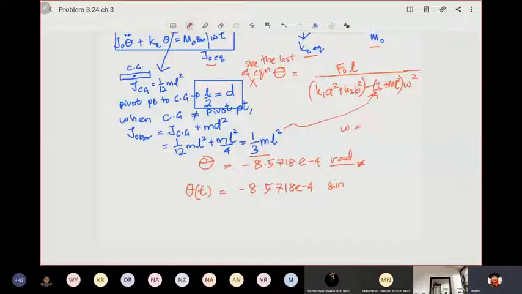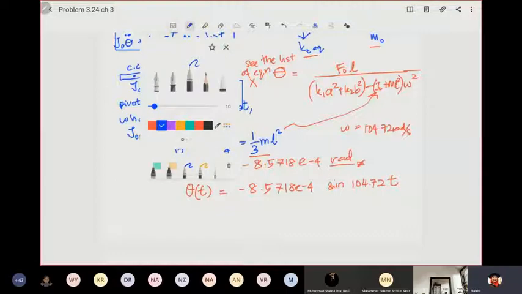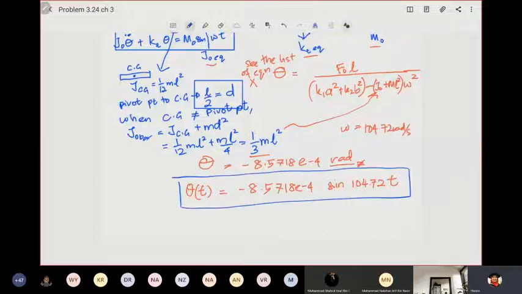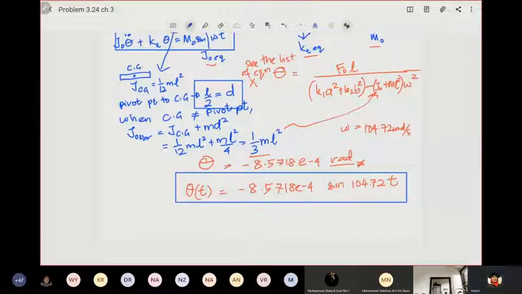The omega should be 104.72 radians per second. So you write 104.72 omega t. That is actually the final answer where you are asked to find the response of the system. Any question?